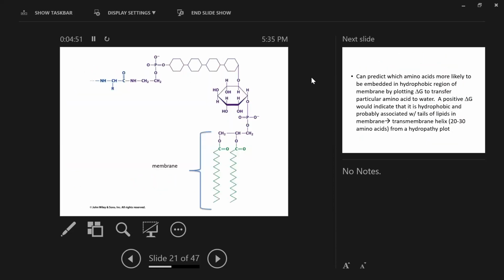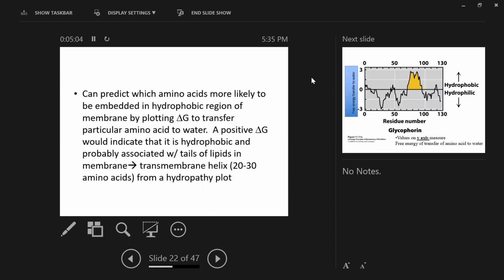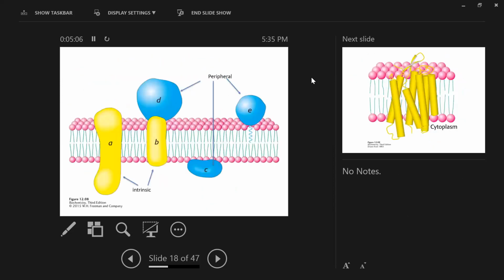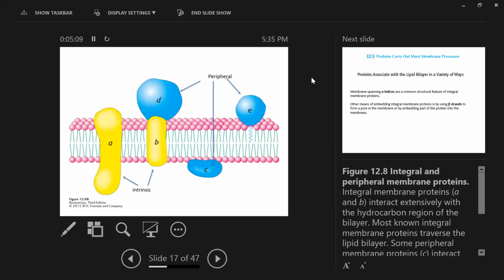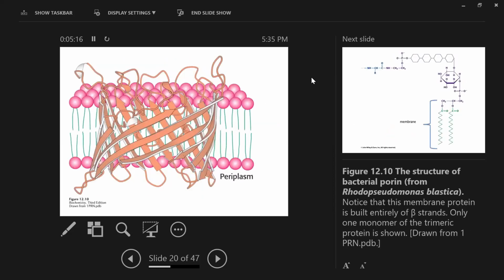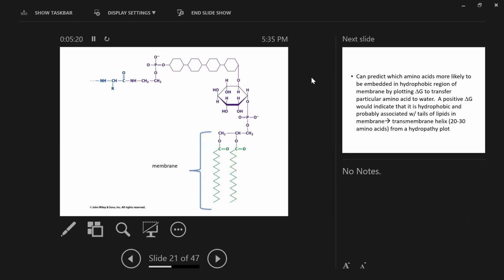Now, this is showing you how a protein would be attached to a membrane. Go back to this figure, where we may have a protein attached to a lipid in the membrane. That's shown here, where this part would be the membrane, and you may recognize this as glycerol, the CH2O, CHO, and CH2O. Then we have two fatty acids.